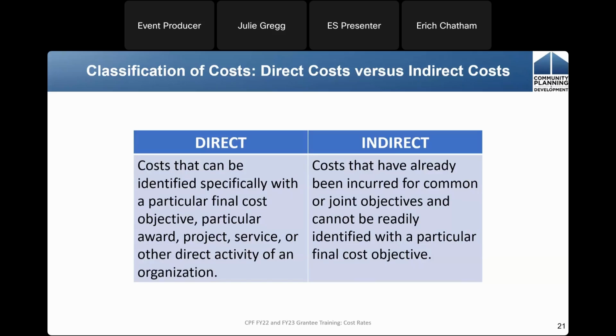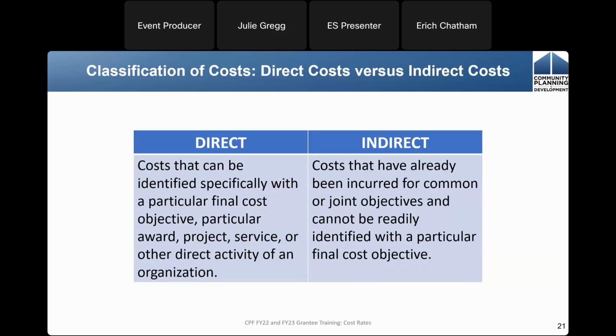So we have two main types of cost, direct versus indirect cost. We'll go into details here, but high level on the left, direct costs are those that can be identified specifically with a particular final cost objective or a particular award, project, service, or other direct activity of the organization.